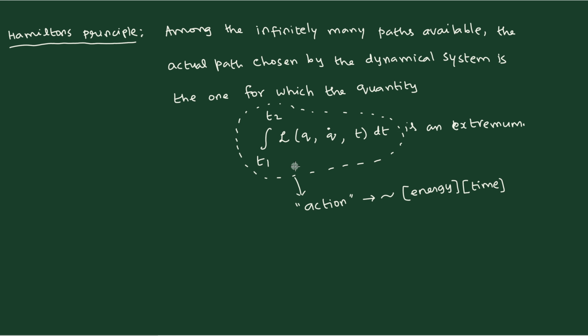But Hamilton's principle itself was originally devised to understand Newton's laws, and therefore the expression is written like this, where the action is the integral of the Lagrangian. Why the integration is done, and why the Lagrangian should be a function of q, q dot and t, I will explain now.